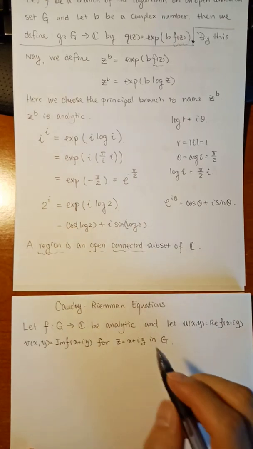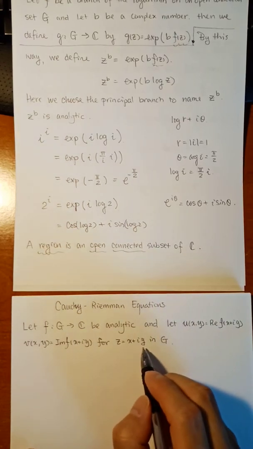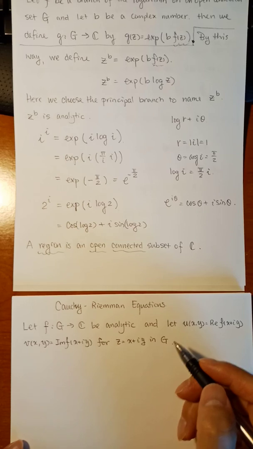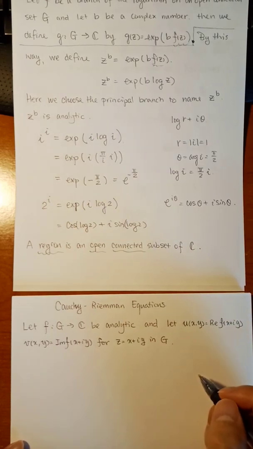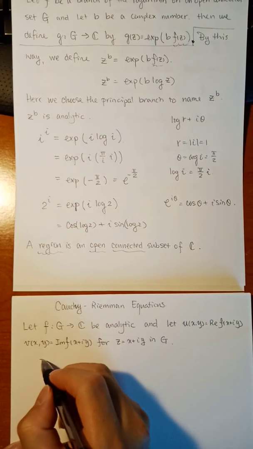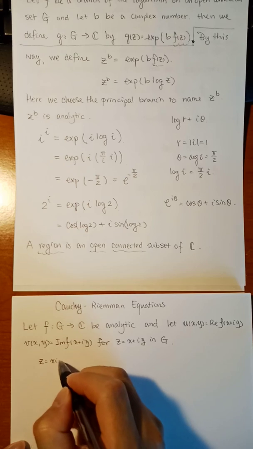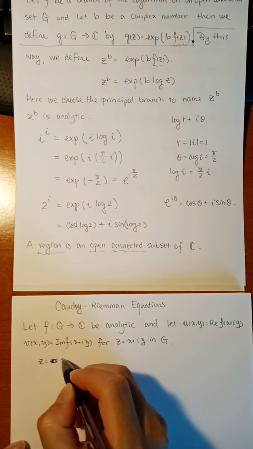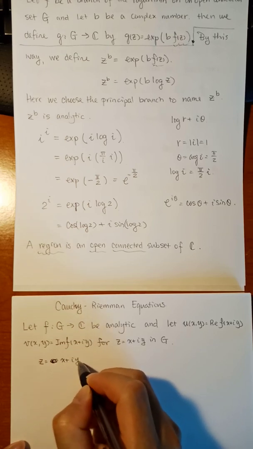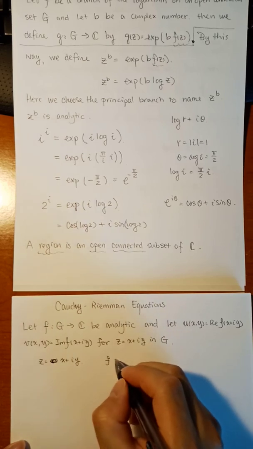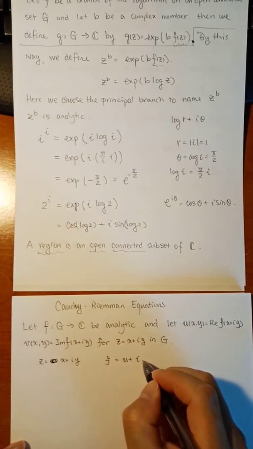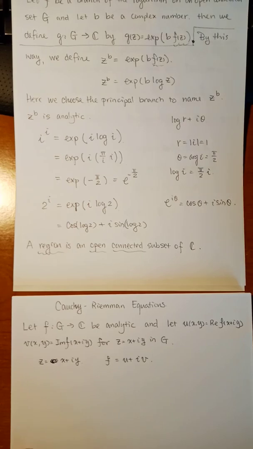So x plus iy, and u plus iv. Remember here, z is x plus iy, f is u plus iv, so they are both two-dimensional.